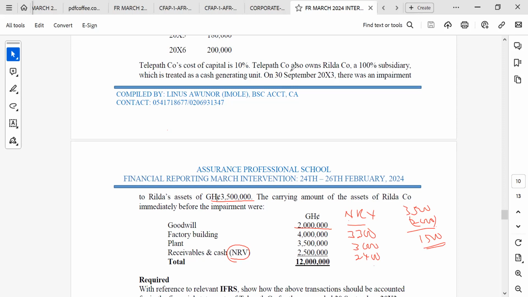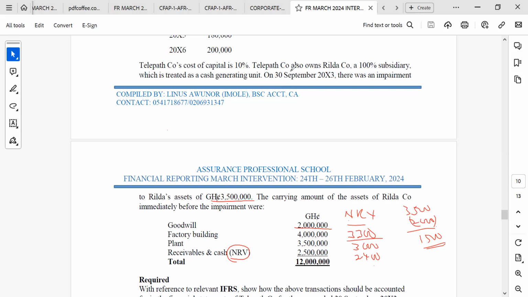What's the value of the factory building? What is the carrying value of the building? 4 million. But what is the net realizable value? 3,300,000.